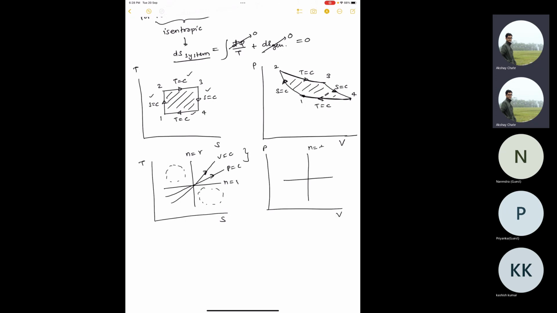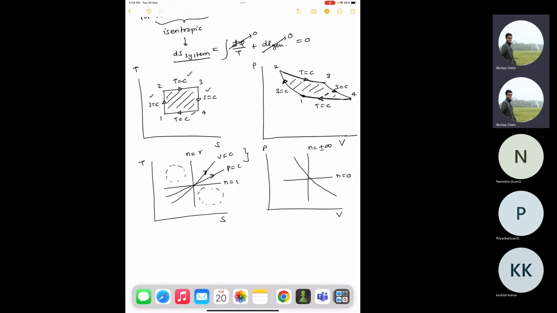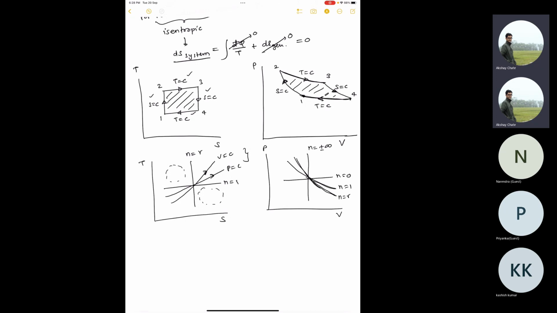If you do this way, it is plus minus infinity, n equal to 0. And here it should be like this only. And one will be like this. So it will be n equal to 1, which is isothermal, and n equal to gamma, which is adiabatic process. So these things, I'll not spend more time.